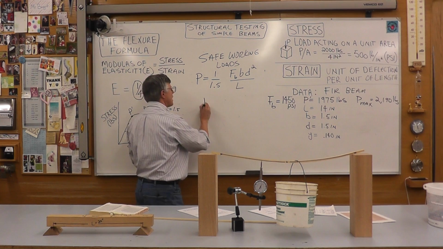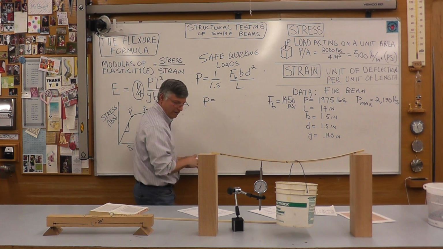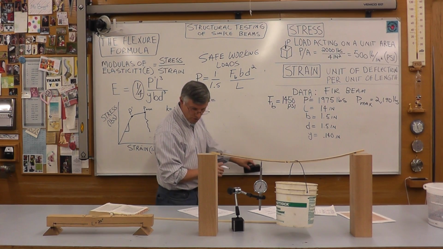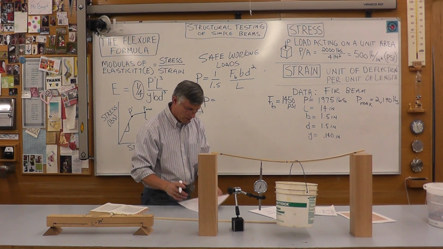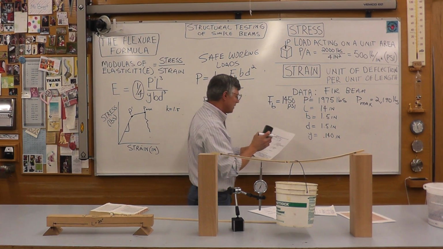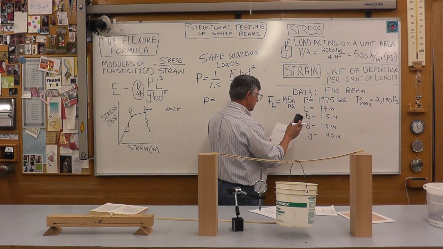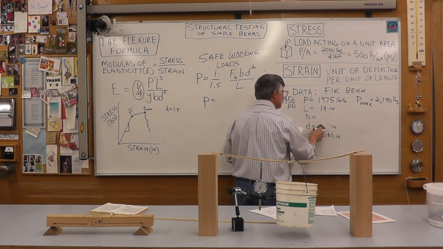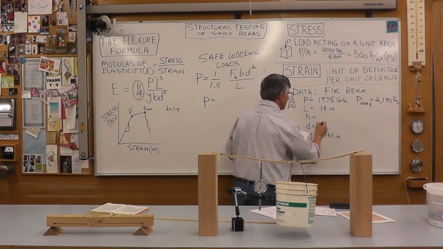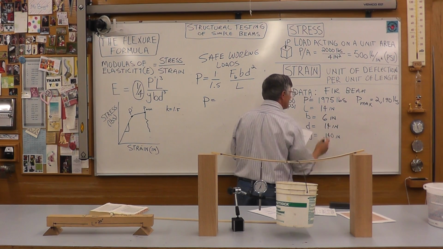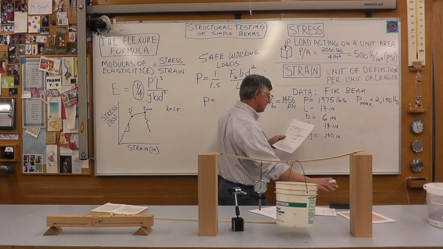This is kind of an interesting scenario. I actually changed the data just so you get some real data when we did this. We had a 6x14, a 6-inch by 14-inch Doug fir beam.